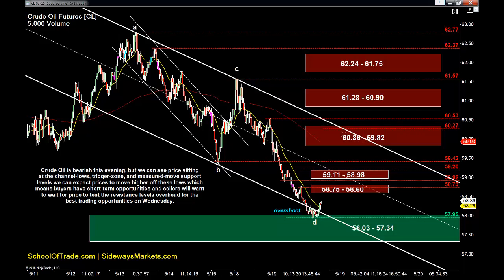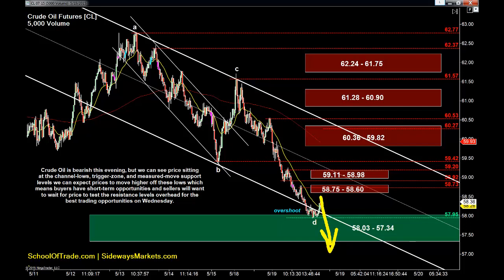Short-term buying opportunities, long-term selling opportunities, and again, be very careful selling at those short-term resistance levels overhead because of that overshoot, okay? Because of that channel overshoot at that low, we just do expect a more dramatic push higher. All right, guys? If price goes lower, we really have to be careful if price just takes off, because now we're in really dire straits down here.